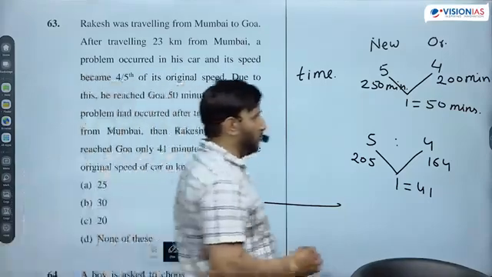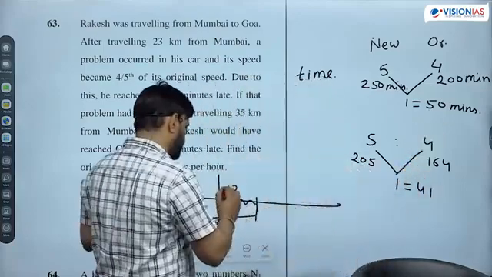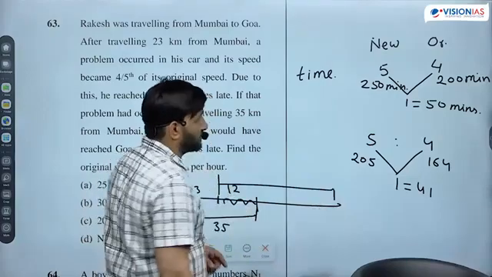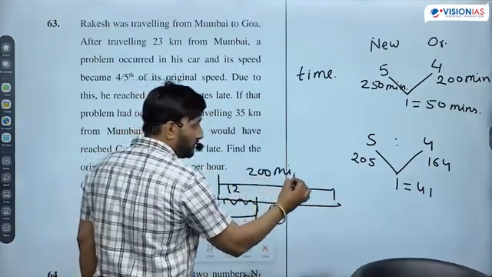If this distance is covered with the normal speed, the person was taking 200 minutes with the original speed for the remaining part.